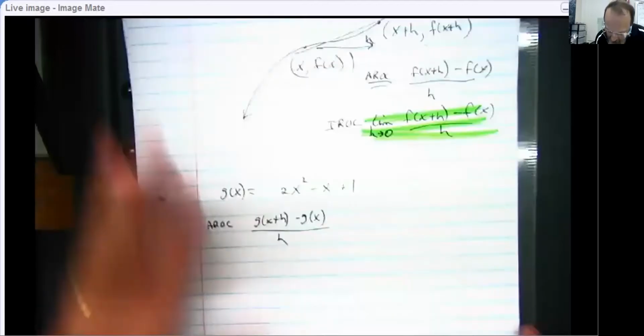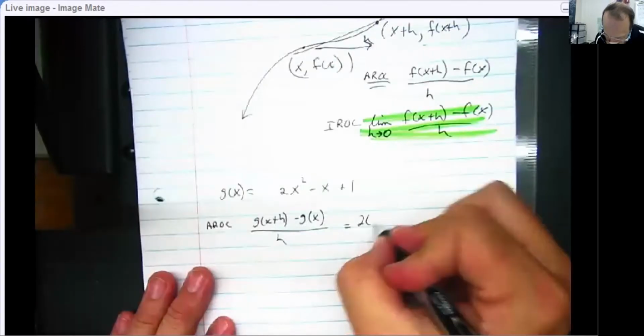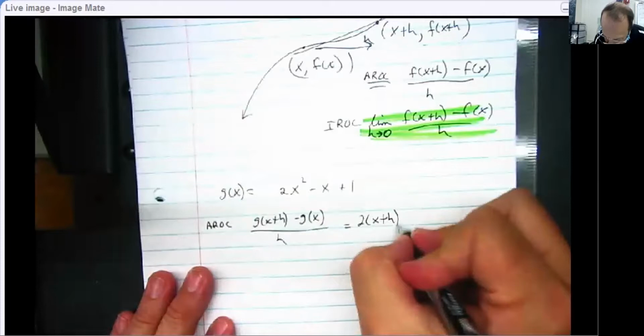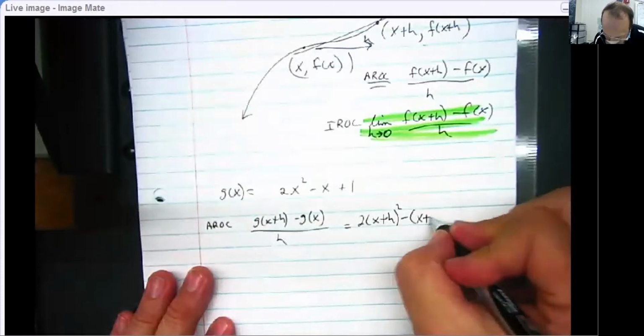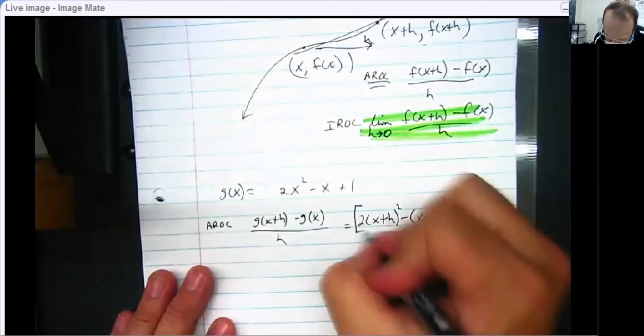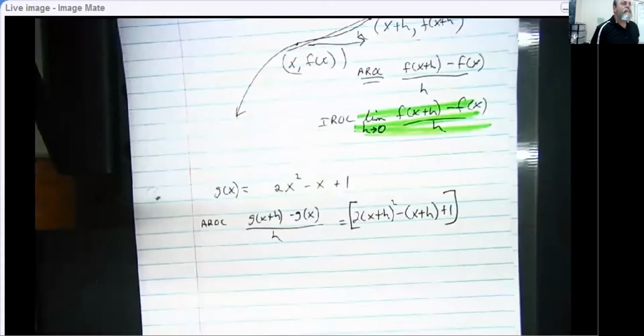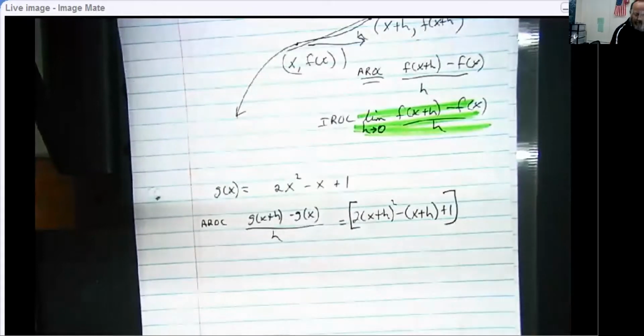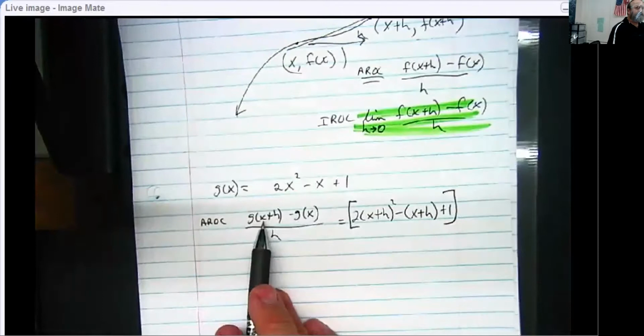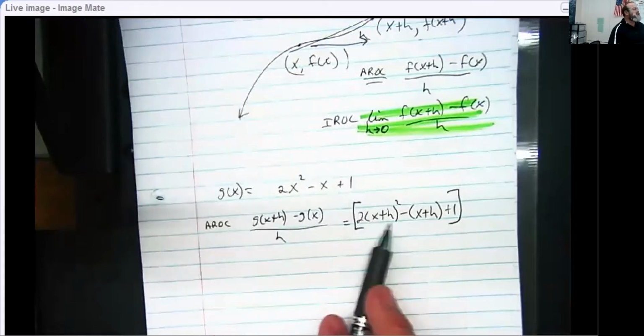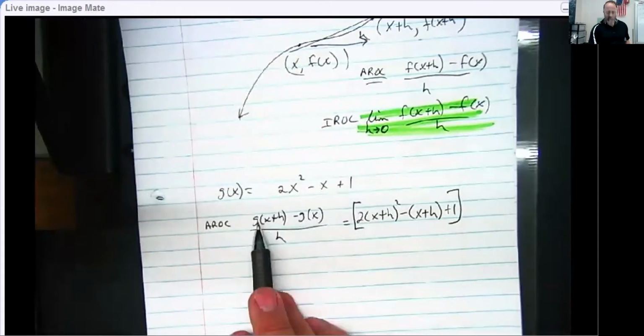Now watch how this works. g of x plus h looks like this. All of this, that's g of x plus h. Right there, see it? Now what does the formula tell me to do after I do g of x plus h? It says now subtract g of x itself.